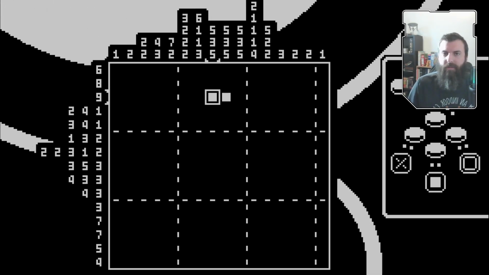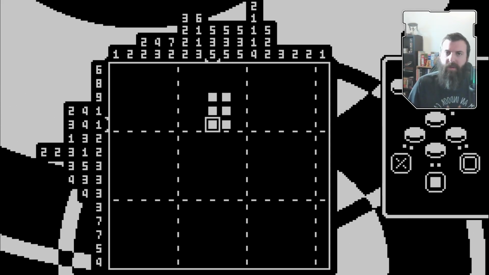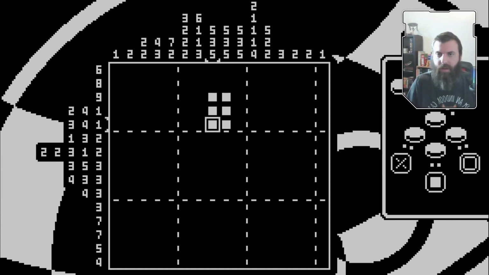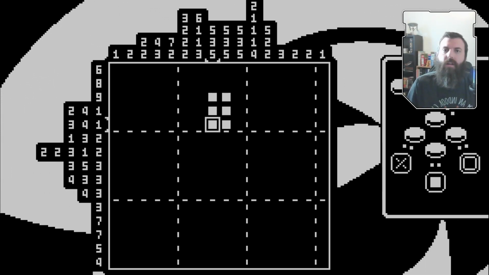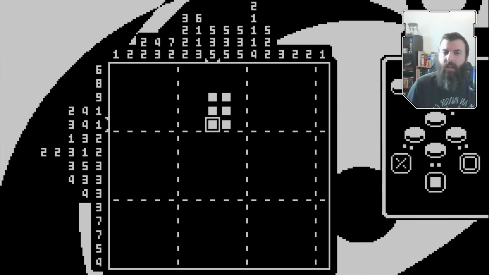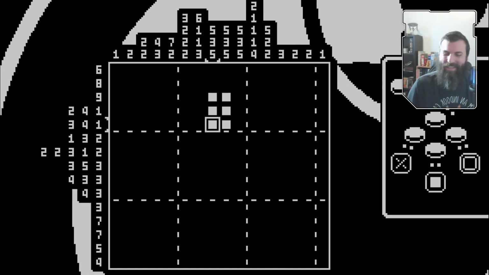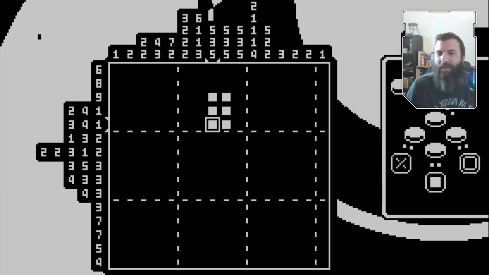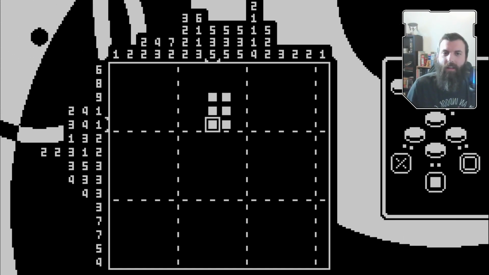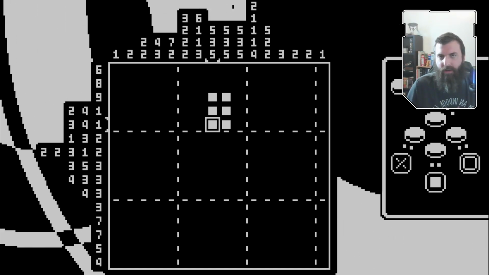These 2 pixels being filled in gives us context about our 5s up there. The 5s have to come down to at least here. Let's see, what else can we determine?